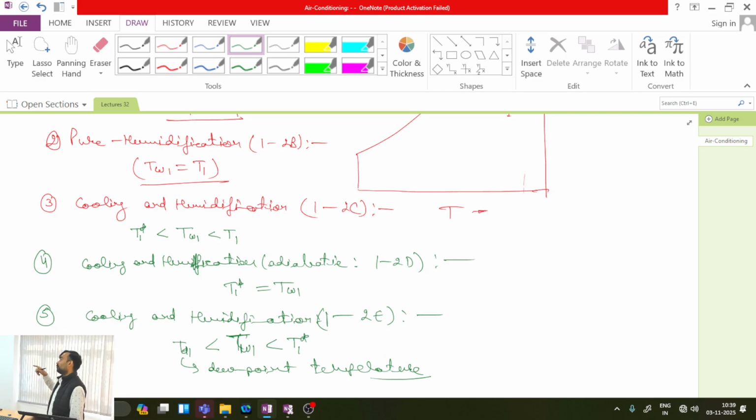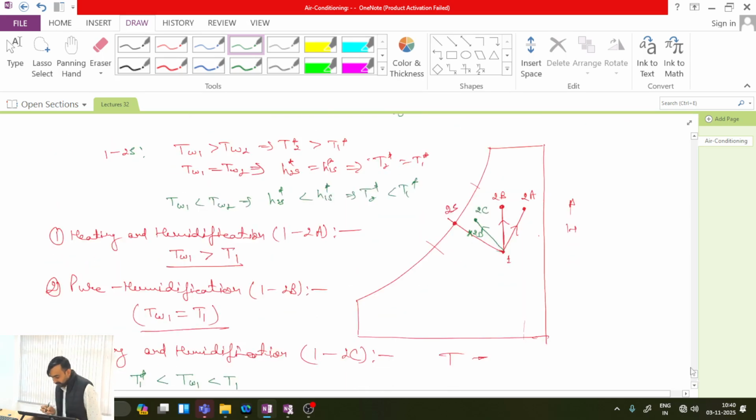Greater than dew point ensures that there will always be humidification. No moisture will condense because the temperature of water is greater than dew point. But it is less than wet bulb, so the cooling will take place in such a way that the process must be below the constant wet bulb temperature line.